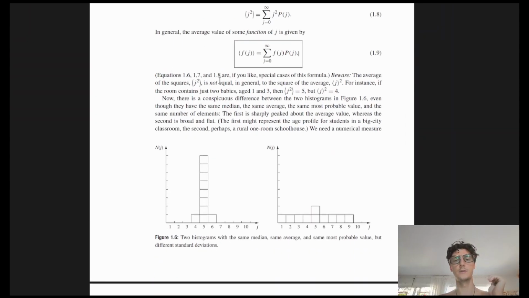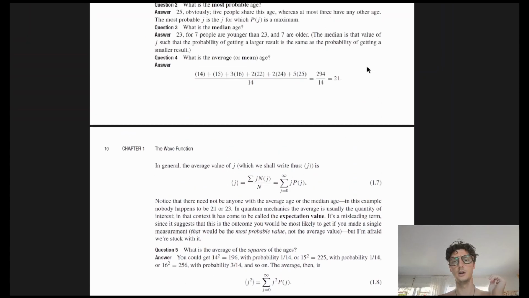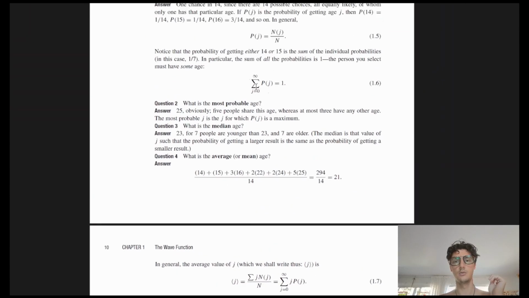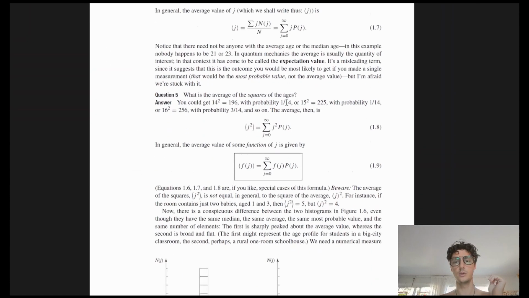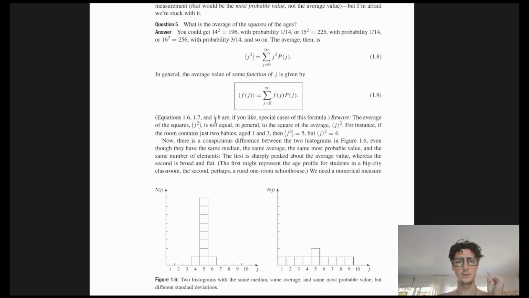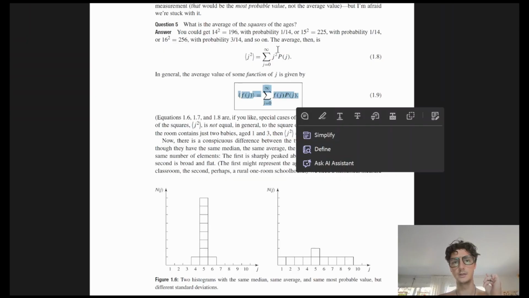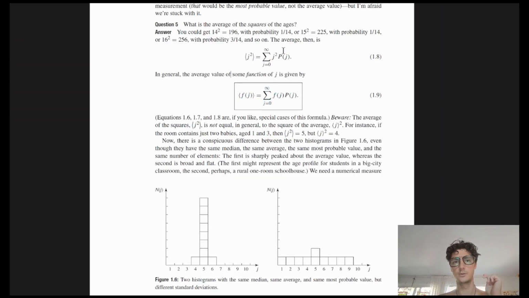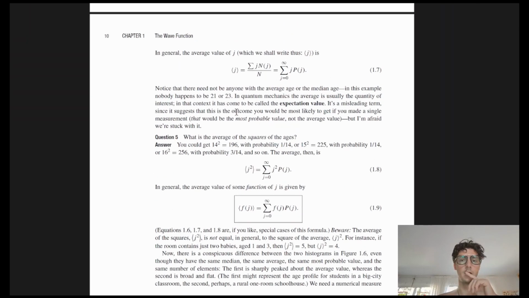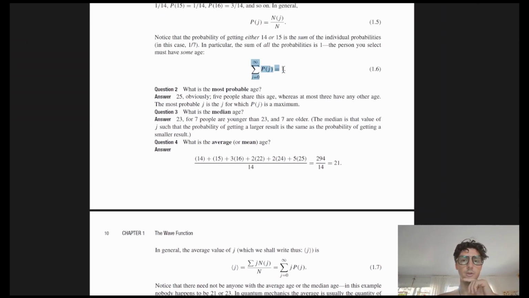Equations 1.6, 1.7, and 1.8. So I guess here, 1.6, 1.7, 1.8 are, if you like, special cases of this formula. So this formula creates instances of itself with specific differences in each scenario.